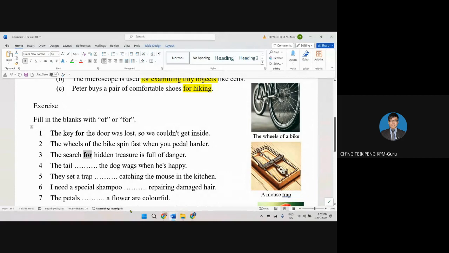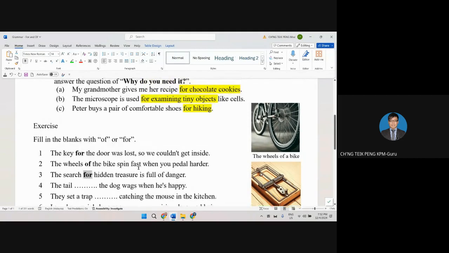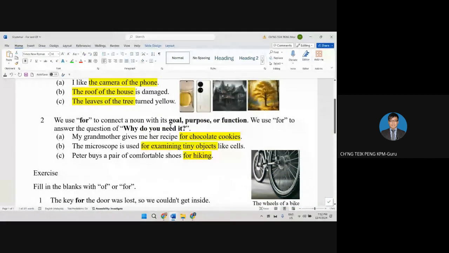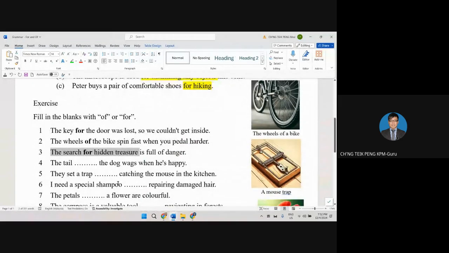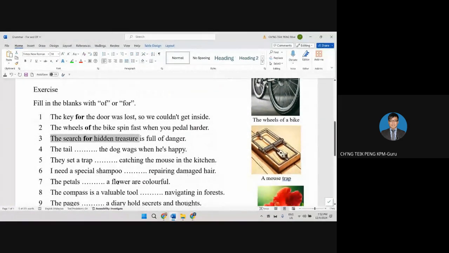So for number three, you are telling me the goal 目标 the goal of the search. 他们找东西的目标是什么呢？要找那些隐藏的宝藏，对不对？ Hidden treasure. So you are talking about the purpose or the goal. So we use for. The search for hidden treasure is full of danger.